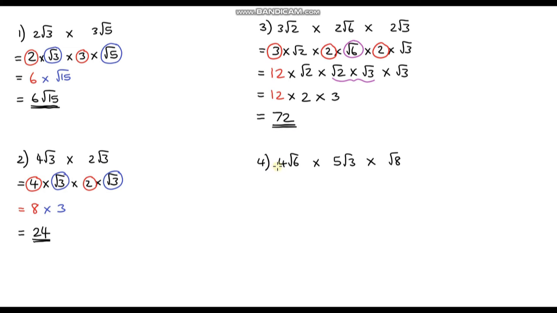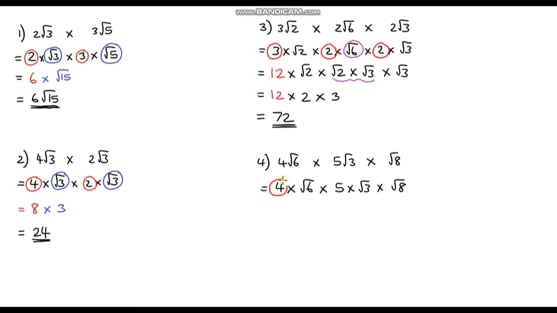Okay, the last question. So we've got 4 root 6 times 5 root 3 times root 8. So this is 4 times root 6 times 5 times root 3 times root 8. So again, let's deal with the numbers first.